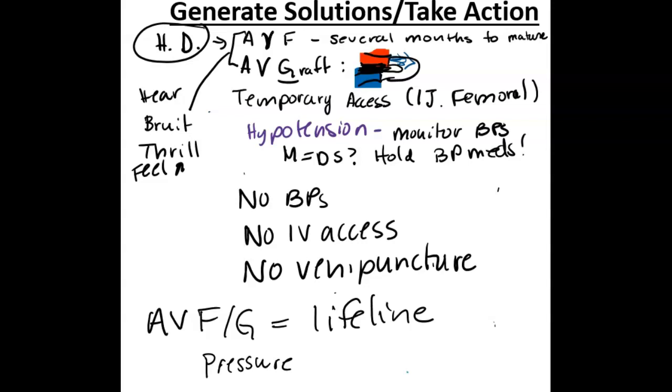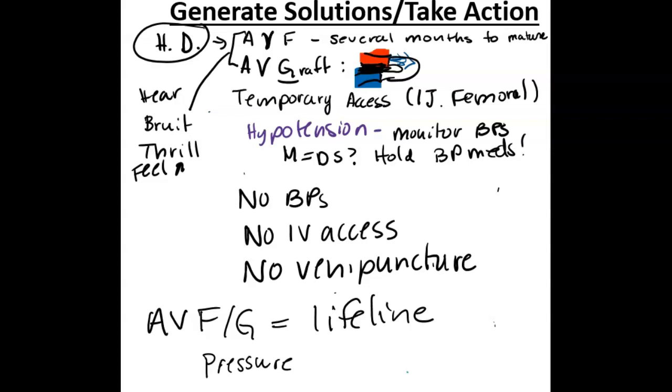Apply pressure, and if you can't get it controlled, they may need to go to the hospital. Where I work, the last time somebody just started bleeding from their fistula, the dialysis nurses actually have a clamp that can go over it and really hold everything down. So that is always a possibility.